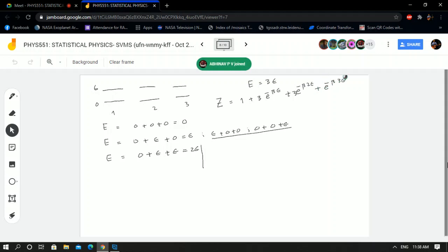And if I want the probability that all of them are in the excited state, that corresponds to e to the minus beta 3 epsilon divided by this Z. So I will get an answer directly.